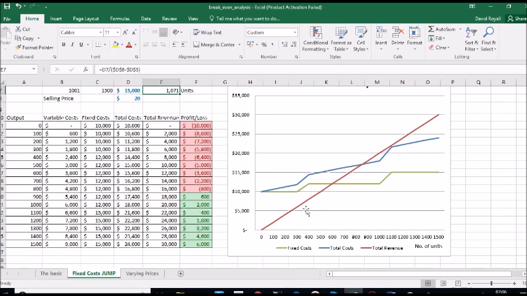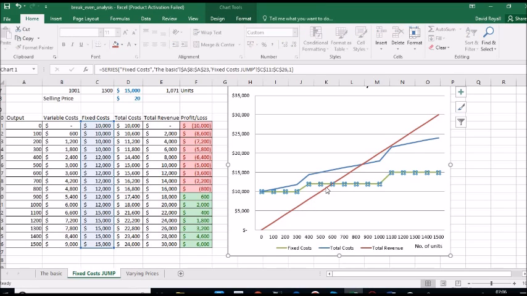But what's interesting is the graph. You see the fixed cost, remember what this is. I've now got a fixed cost line. And if you click on the variable line, it highlights the column. It steps up 3 times. And that causes the same impact on the total cost.